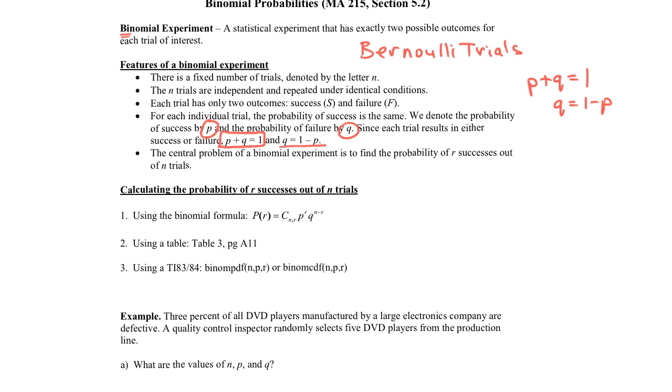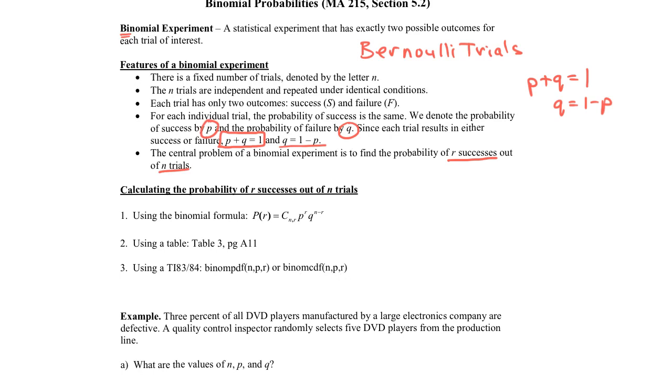So let me just point out a couple things here. So this is the probability of r successes, right? We're going to find the probability of r successes out of n trials. Make a quick note of that. So the commands that we'll use a lot in chapter 5 is binomial PDF and binomial CDF.